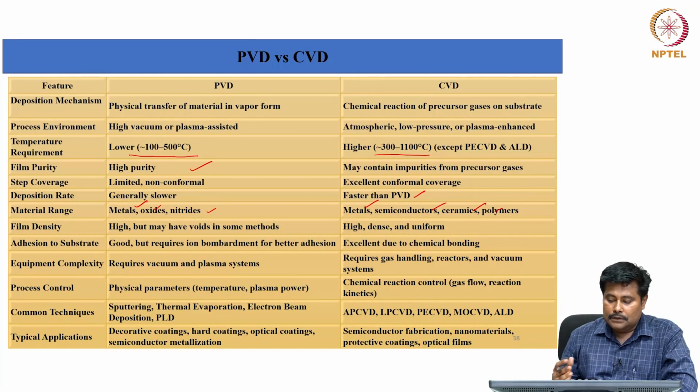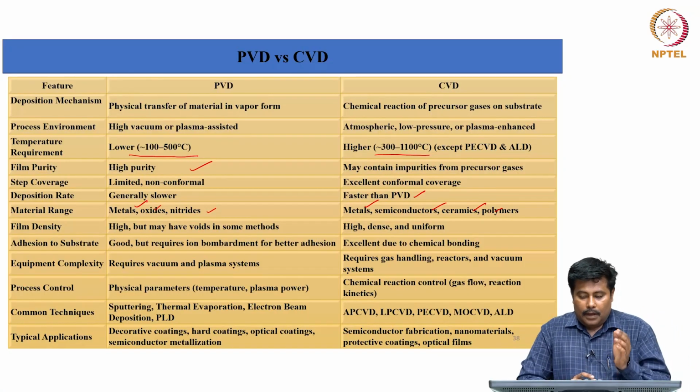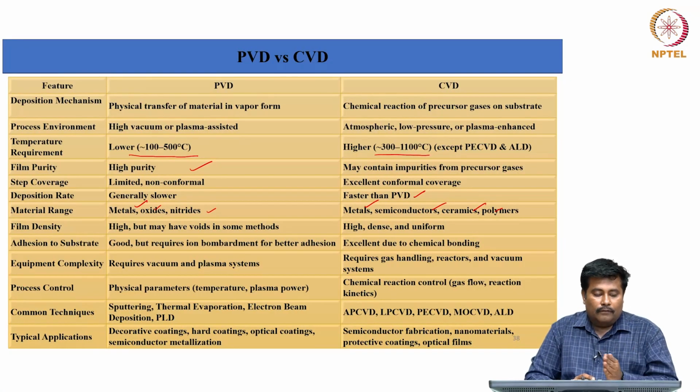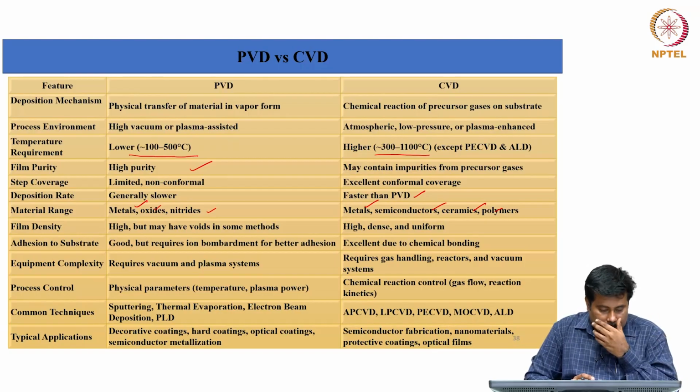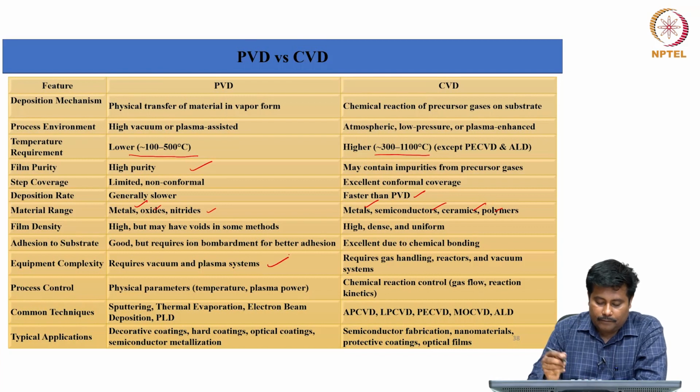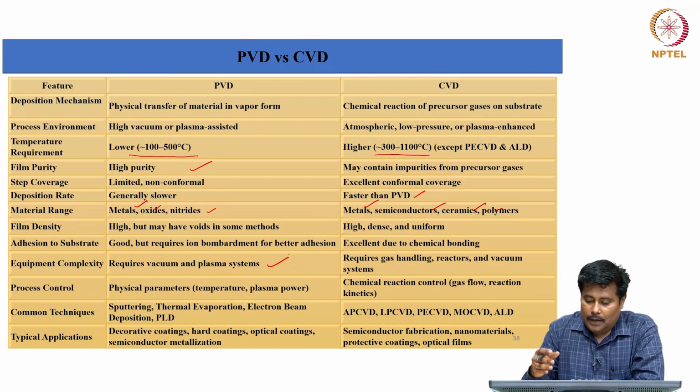However, with reference to CVD, we have a high, dense and uniform film. Adhesion to the substrate is good, but it requires a kind of ion bombardment. From an equipment complexity point of view, PVD requires a vacuum and plasma system, whereas CVD requires a gas handling part, a reactor and a vacuum system.